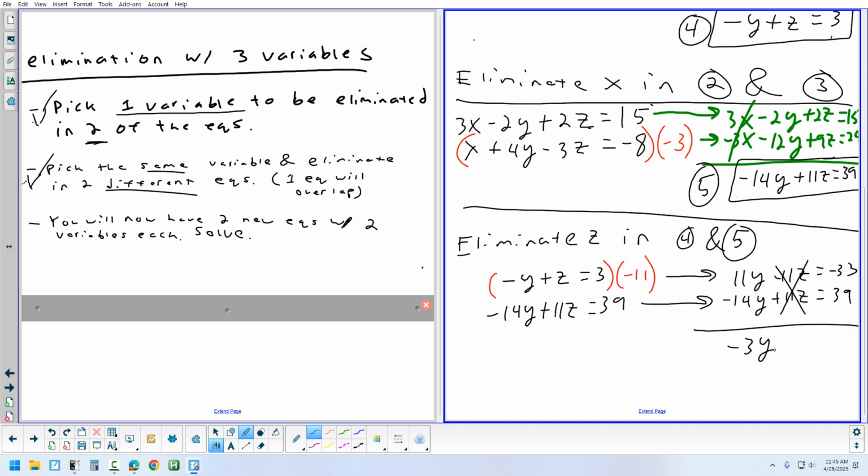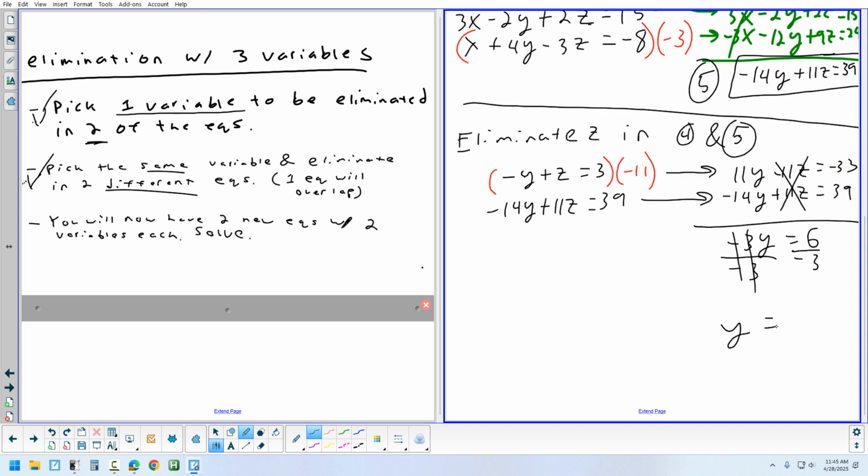And what's negative 33 plus 39? 6. Okay. Now we're down to one equation with one variable. We can get the answer to that one. How do you get y by itself? Divide each side by negative 3. That's gone. And our first answer, y equals negative 2.